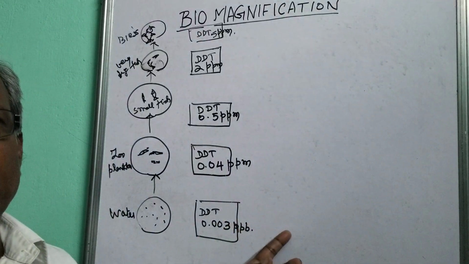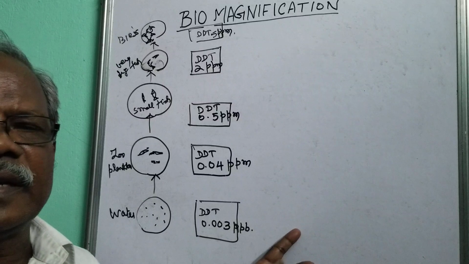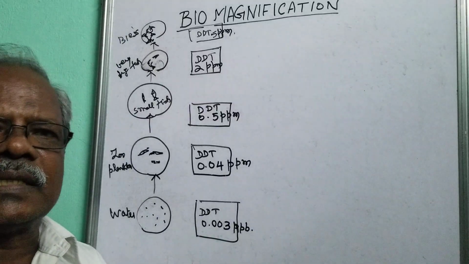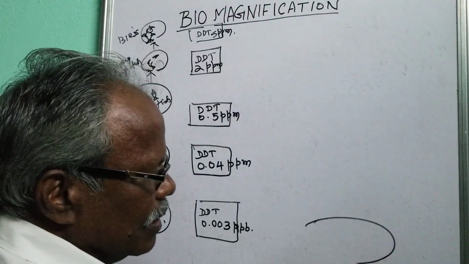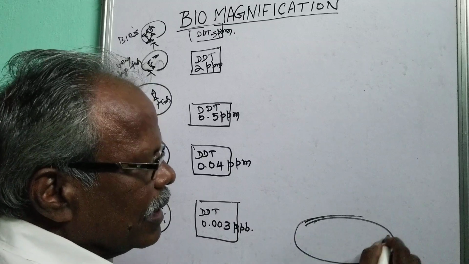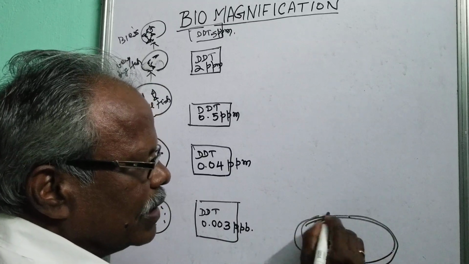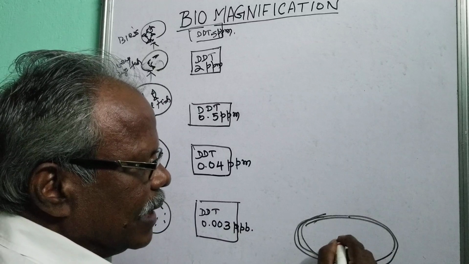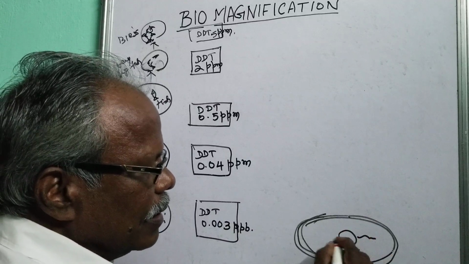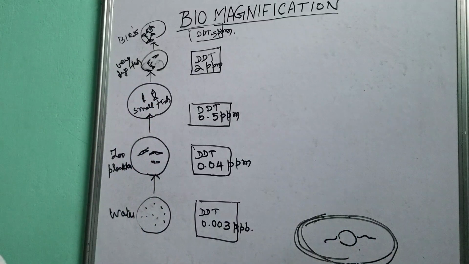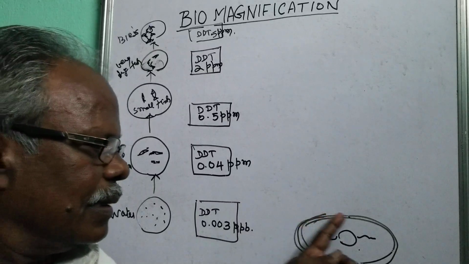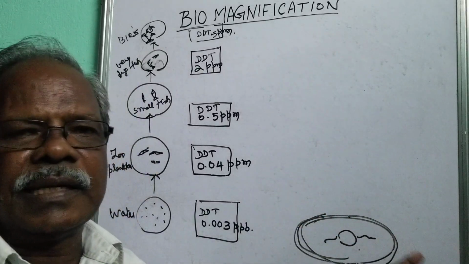Because of this accumulation of DDT, the eggshells are thinned. Usually the shell is thick, the embryo develops inside, and then it breaks the shell and comes out.